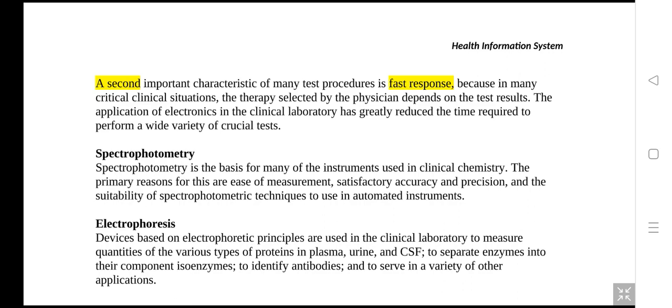That's how we began. So the response time is very critical when it comes to laboratory results. We're talking about three things: accuracy, precision, and response time. Those are the very critical characteristics of test procedures.